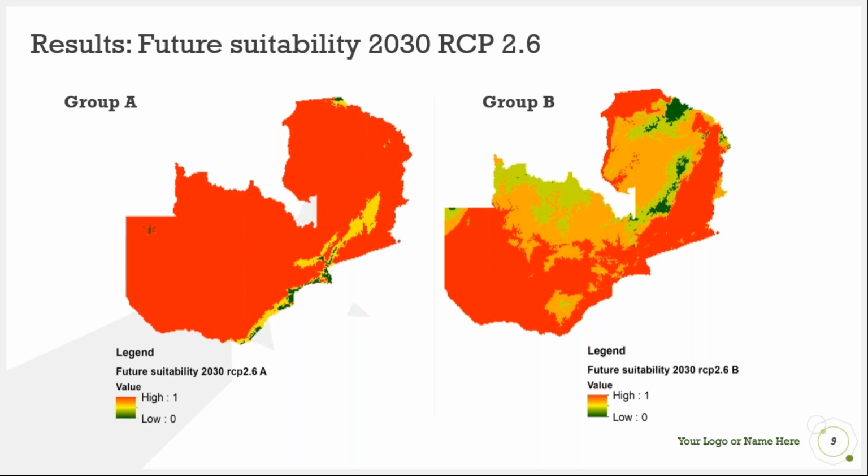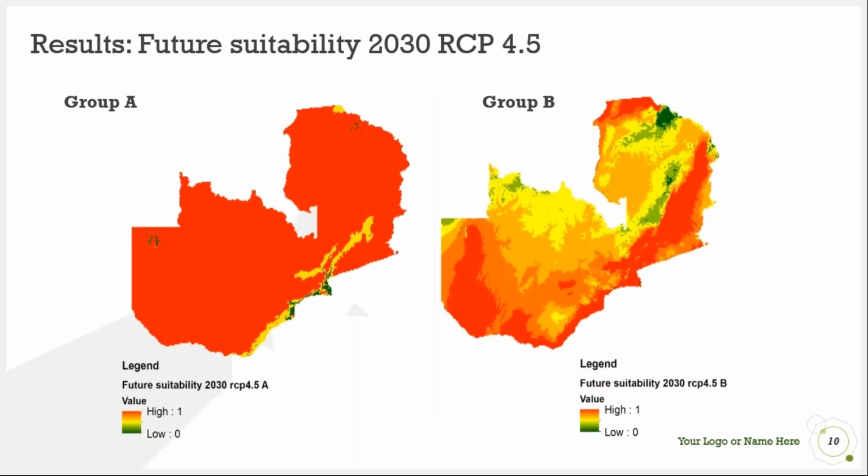But as you can see for group A, the suitability of this pest continued increasing towards the south, meaning the temperatures are increasing. But for group B, we can see the suitability increasing towards the north. This means that it becomes hotter. The cooler areas are becoming hotter. What about RCP 4.5?